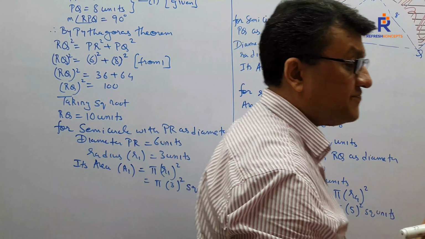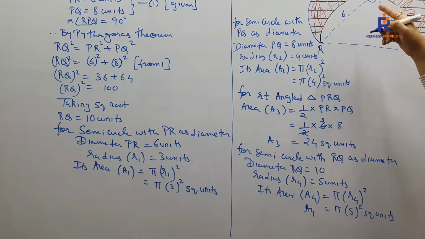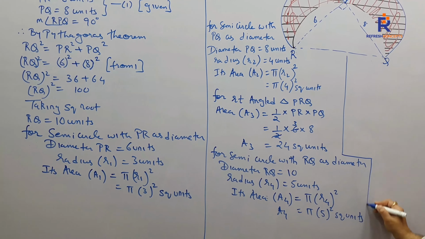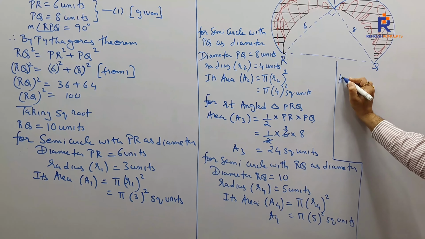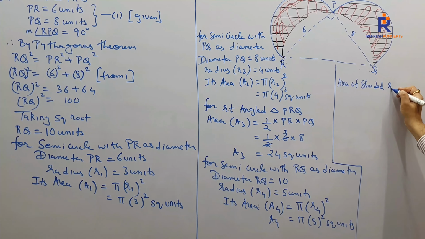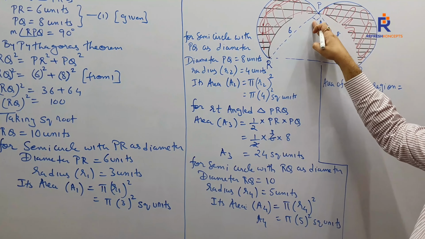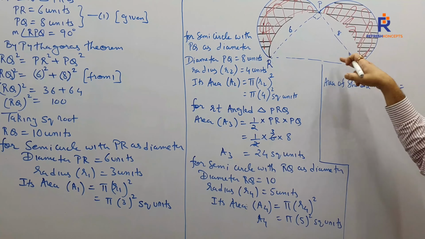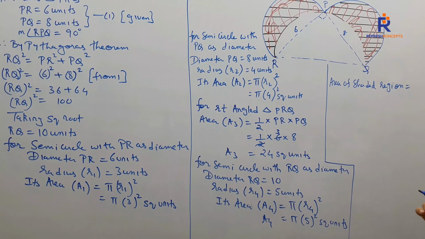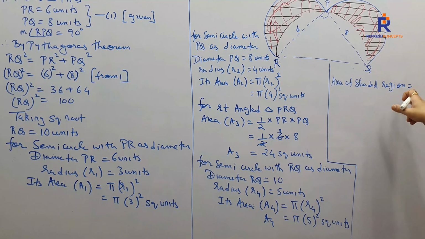Now children, how did I show you that the area of the shaded region is found? So let's write down the answer here. Area of shaded region. You can write down the area of the semicircle with PR as a diameter plus the area of the semicircle with PQ as a diameter plus the area of triangle PRQ minus the area of the semicircle with RQ as a diameter, if you want. But I have given A1, A2, A3, A4 for this reason.